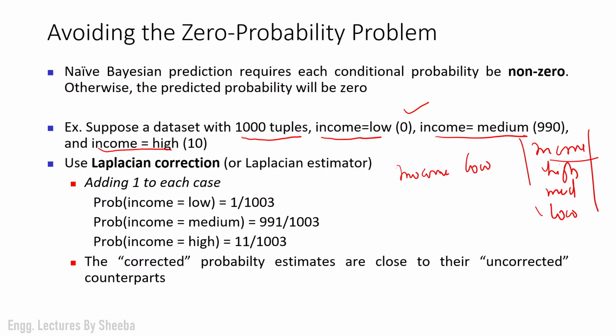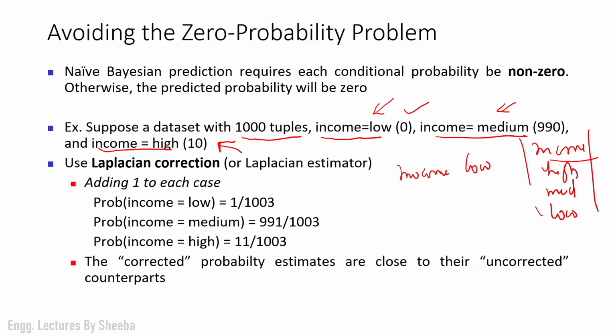Similarly, we can't simply increase one attribute value, so you need to increase for medium also, add one row extra, and for income high also you add one row extra.